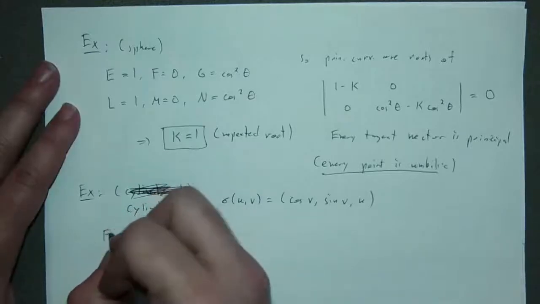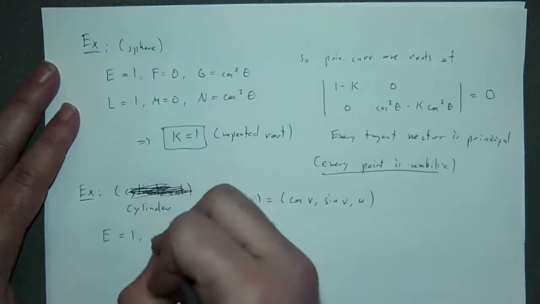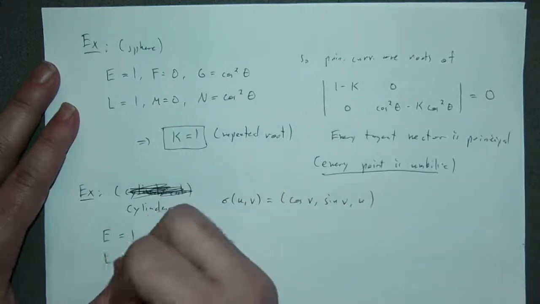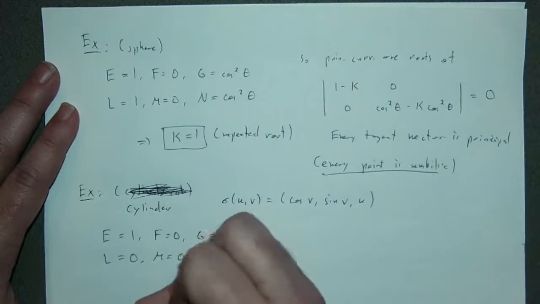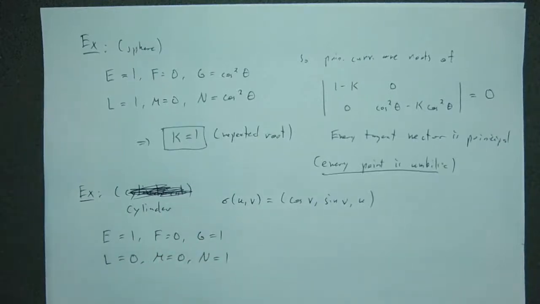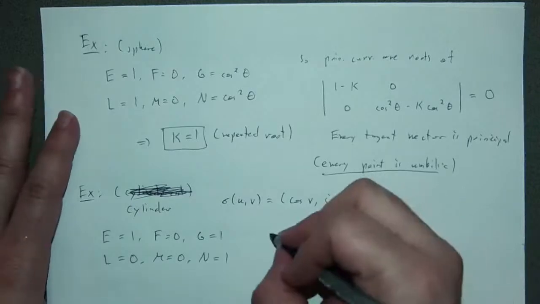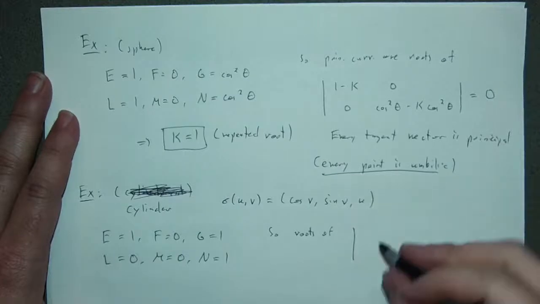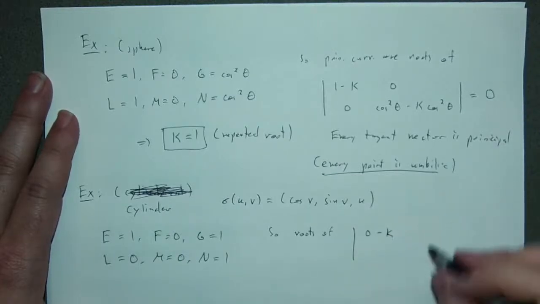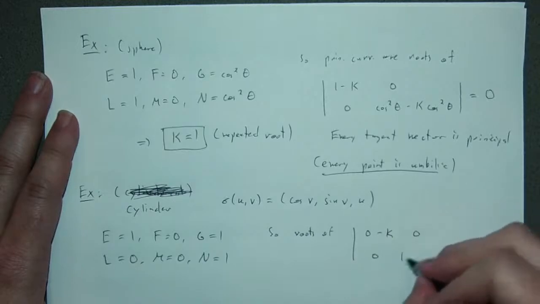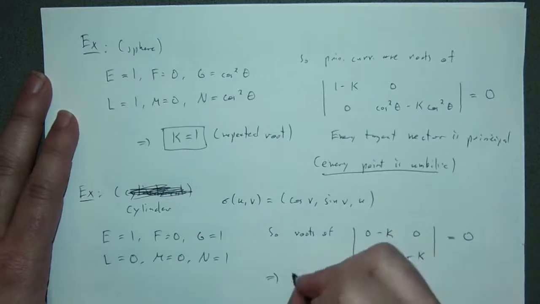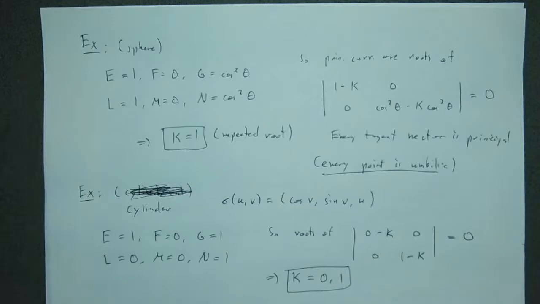If I compute E, F, G, then E is 1, F is 0, G is 1, L is 0, M is 0, N is 1. So we're looking at roots of the determinant with rows (0 minus kappa, 0) and (0, 1 minus kappa), equal to 0. Well, what does that give me? It gives me two principal curvatures, 0 and 1.